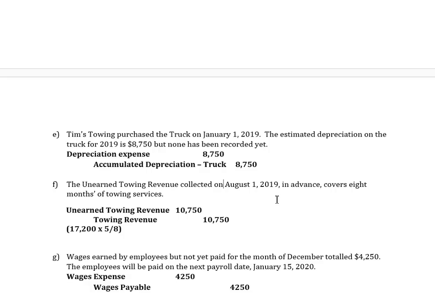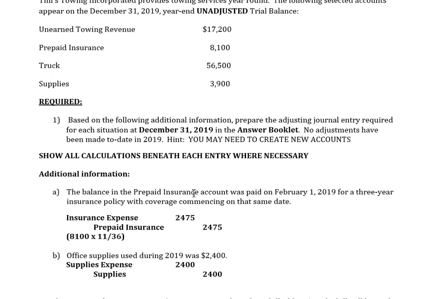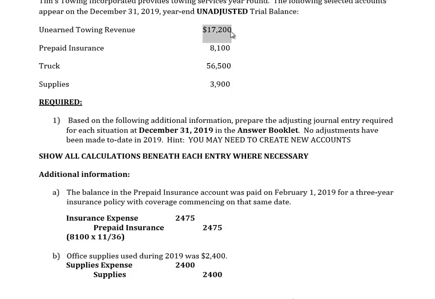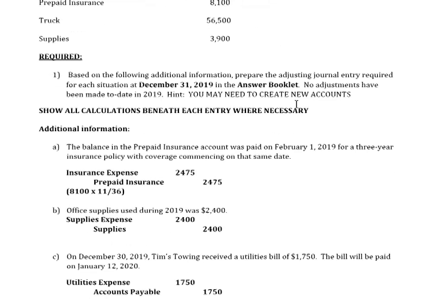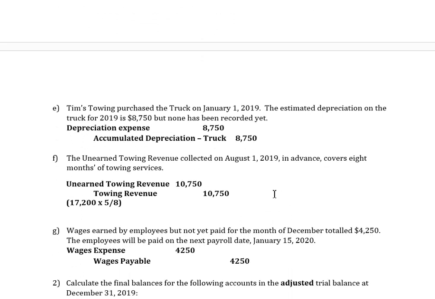In transaction F, remember we had that unearned towing revenue, so customers paid us in advance to provide towing services. Guess what? We provided services to those customers during the year, right? We collected that unearned revenue of $17,200 on August the 1st, and it was going to cover 8 months of towing service.